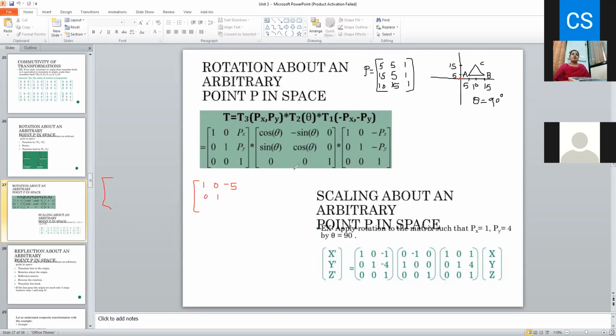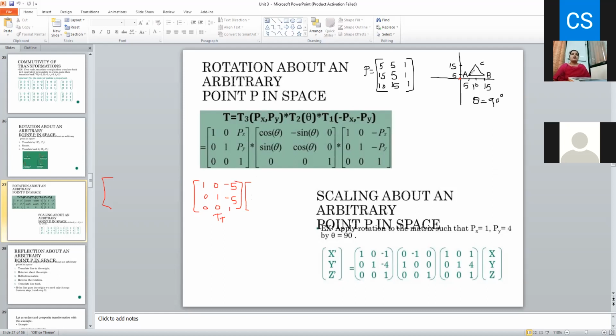Ty is also -5 and 0, 0, 1. So I am taking the transpose of the T matrix. Remember that. So this is your T translation. So the first step is we are shifting the point A to the origin.